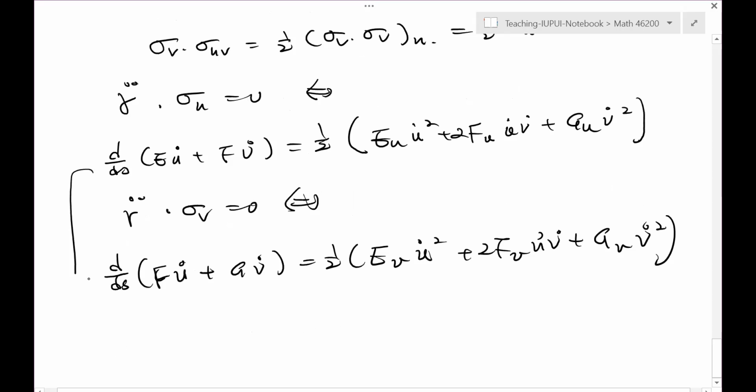So you get these two equations. Sometimes those two equations are useful.